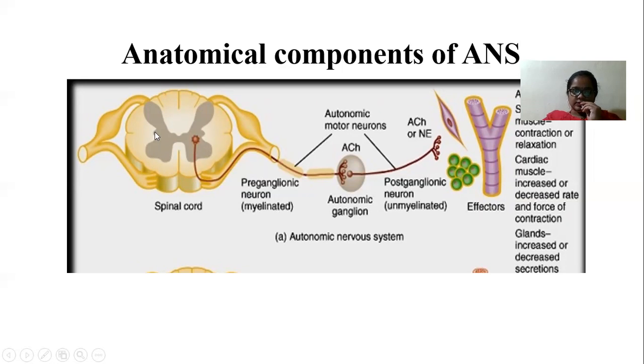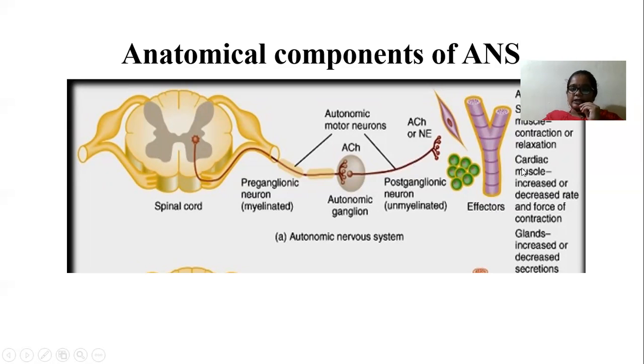Then the preganglionic neuron makes a synapse with the postganglionic neuron in the autonomic ganglion. The postganglionic neuron is unmyelinated. Then the postganglionic neuron makes a synapse with what? Effectors.